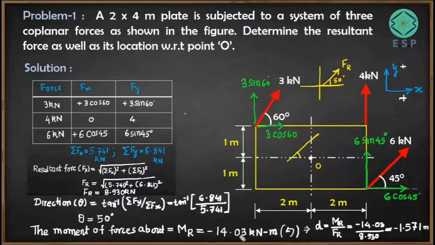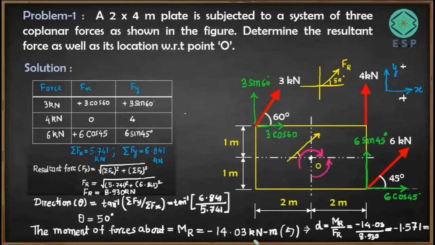So if I apply force in this way, what is going to happen? Your beam is going to rotate in the clockwise sense due to this force. But sorry, this plate needs to rotate in the anti-clockwise sense. We have got a negative moment, and negative moment means anti-clockwise. We have taken clockwise as positive and anti-clockwise as negative.